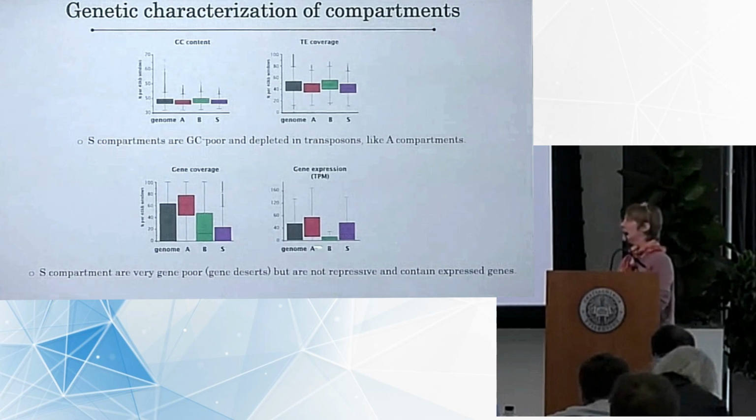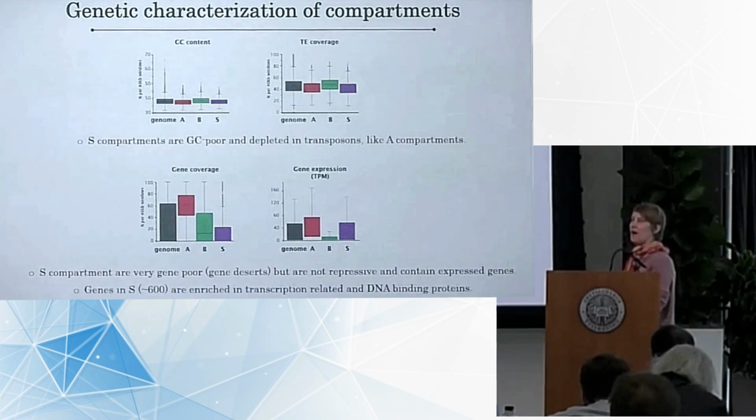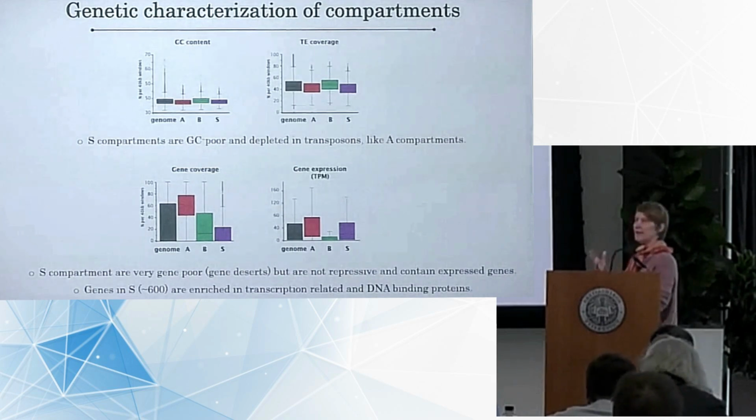If we dig a bit deeper into these genes, that's approximately 300 genes, and do some gene ontology, we can see that they correspond to transcription-related and DNA binding proteins. So in our mind, this could indeed link to possible transcription factors.